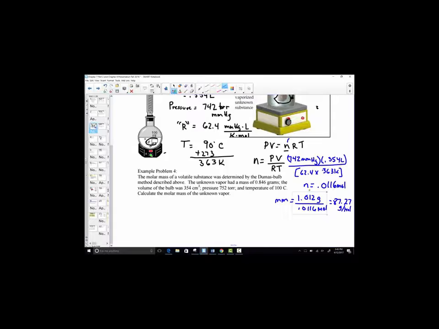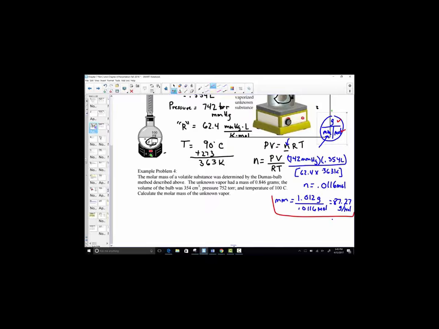We solve for n in the ideal gas equation. n stands for the number of moles. We then substitute, remember that round little buddy, I erased it, maybe I should put it back. Grams over molar mass is a mole. If this is our target, you can see our equation then says grams divided by mole pulls out molar mass, and that's exactly what we've done here.